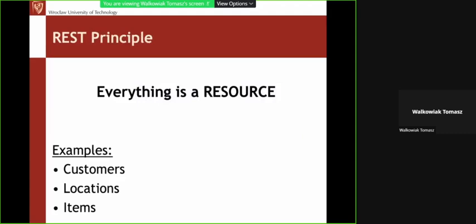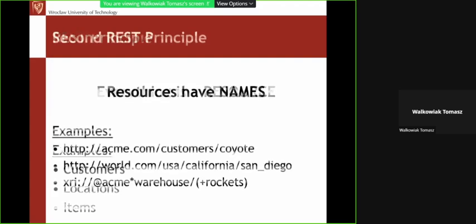Okay, so as in object-oriented programming everything is an object, and in service-oriented architecture everything is a service, so in REST, everything is a resource. Okay, so customers, locations, items, whatever you are doing is a resource. You are accessing it, you are changing its state, you are removing it, you are adding it.